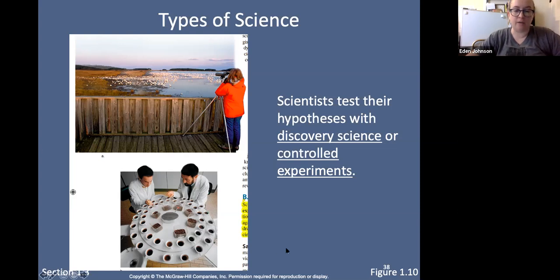So it looks like they're doing something with coffee. But say that they were doing a controlled experiment with plants. Okay, that's a controlled experiment where they are able to manipulate or control different variables. Versus discovery science, you're literally just able to report what you see. You're not able to, and you don't really want to change an environment.